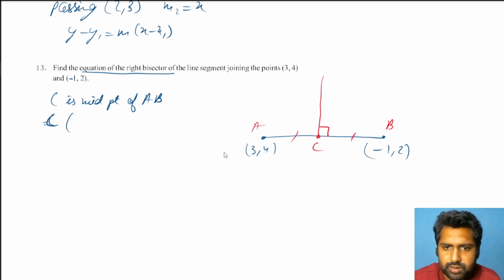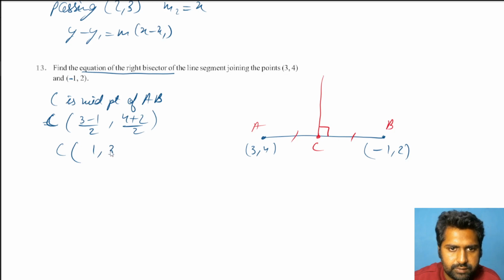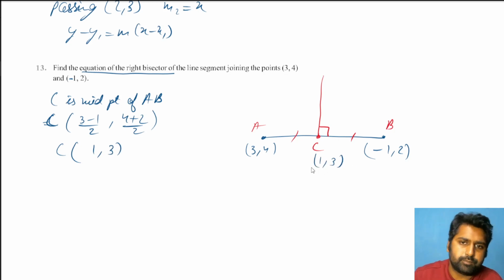I'm directly writing this now. Midpoint we have already calculated a lot of times. So 3 minus 1 by 2 and 4 plus 2 by 2. That's C. Coordinate of C is 1 comma 3.